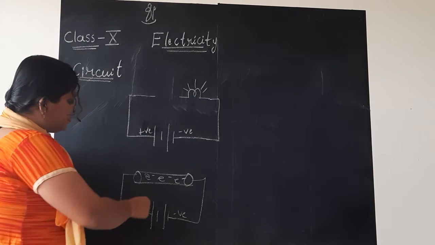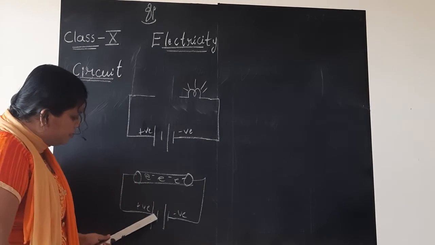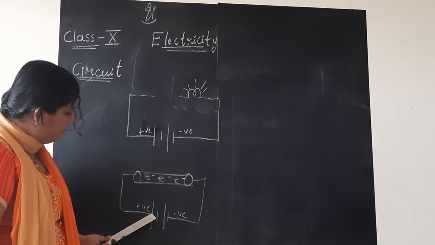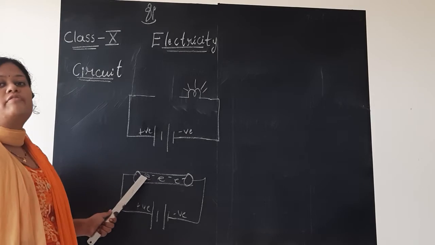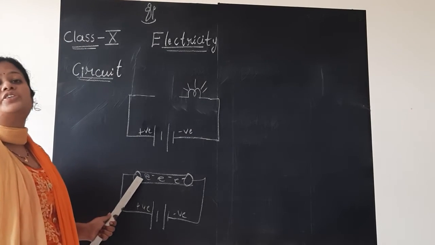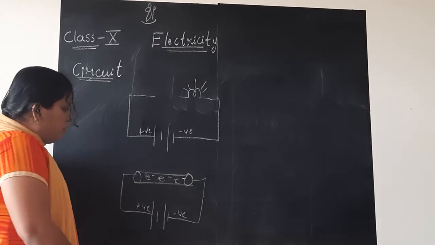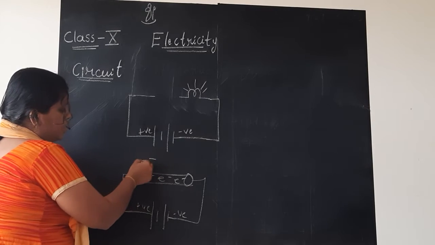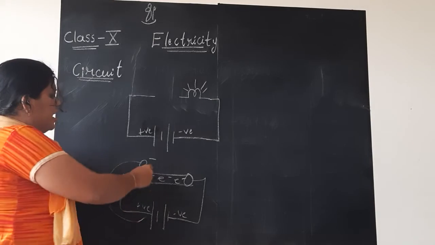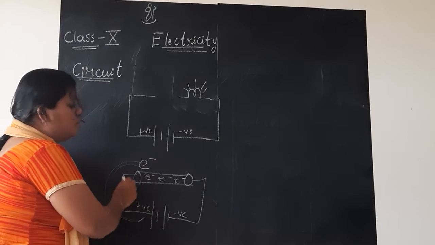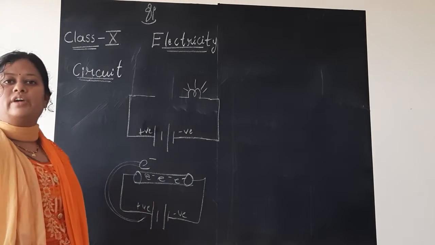Similarly here, look, the positive of the battery is this long line which is connected to the wire. The wire consists of various free electrons in it which are negatively charged. So obviously the negatively charged electrons get attracted to the positive of the battery and start moving towards it.